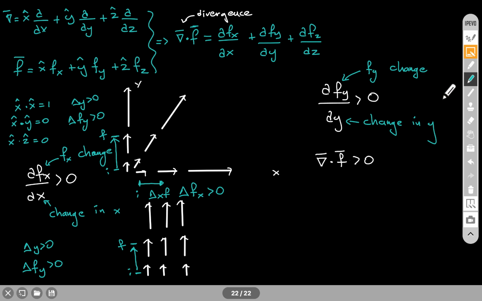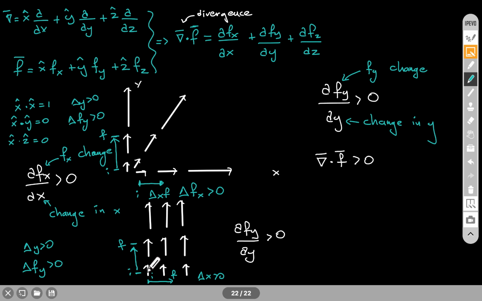Now what this is telling me is that for this particular vector function, the partial derivative of fy with respect to y is a positive number. Now I will also think about the first term, the partial of f of x with respect to x. Now I'm gonna make a change in the x direction. So let's say I start from here and I go there. That's my initial, that's my final. I am making a positive change in x.